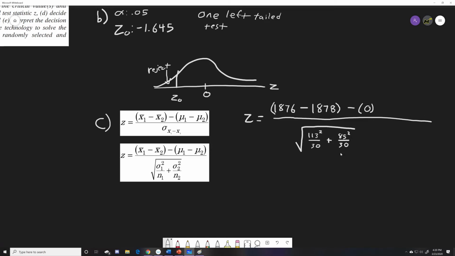And so that is your formula. And when you calculate this, just take your time, make sure you use the order of operations. It ends up being like negative 2 divided by almost 25. And so that's going to be about negative 0.08. And if this is negative 1.65, that means we landed about here, which means we're not in the rejection zone.